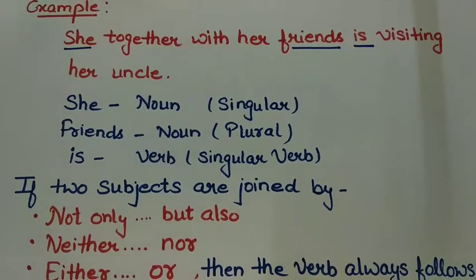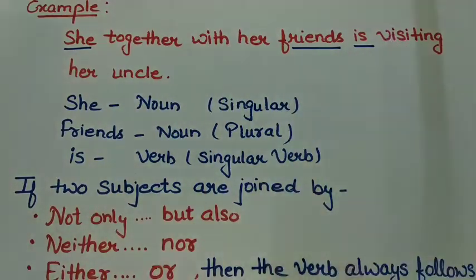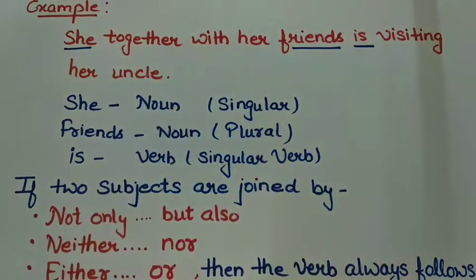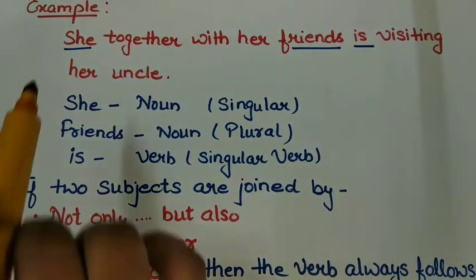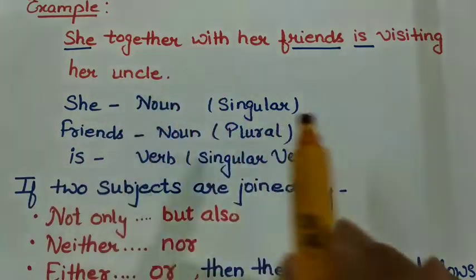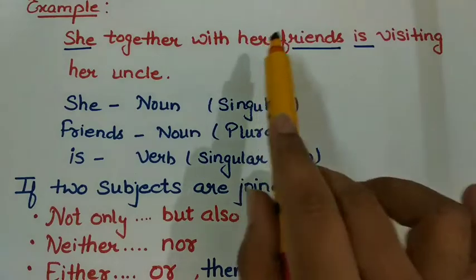So here is the first example. The example says, she together with her friends is visiting her uncle. Here, I have used she, and I have used together with, and the second part is her friends.